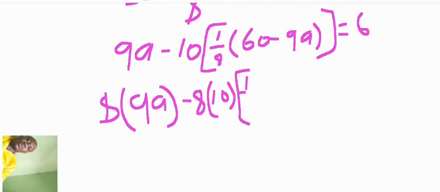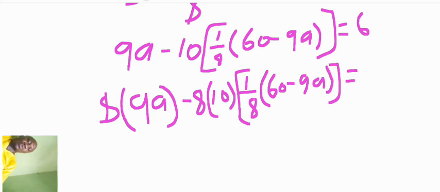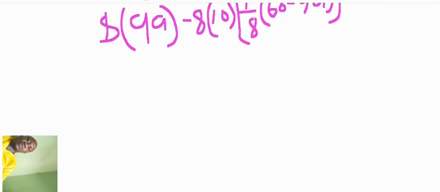And then we have 1/8 here inside the bracket, 60 minus 9a, and this will be equal to what? 8 times what? 6. That's very good.